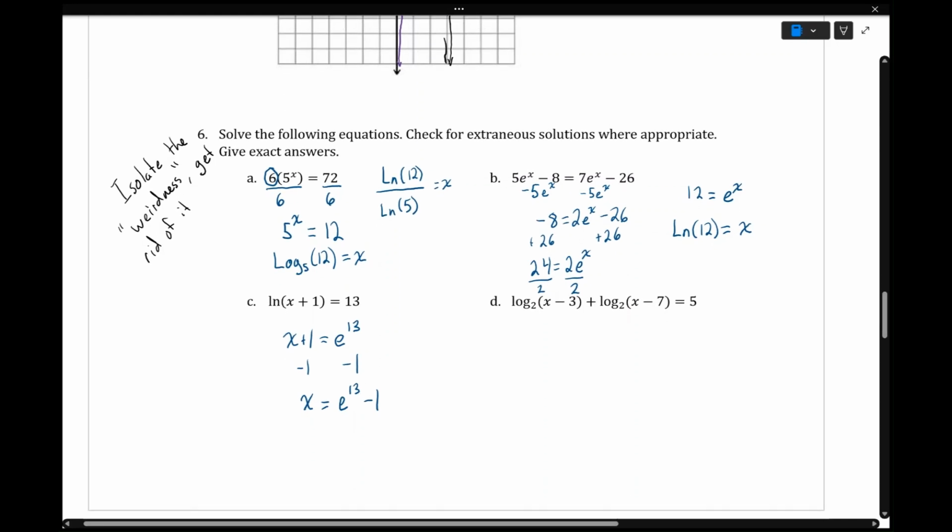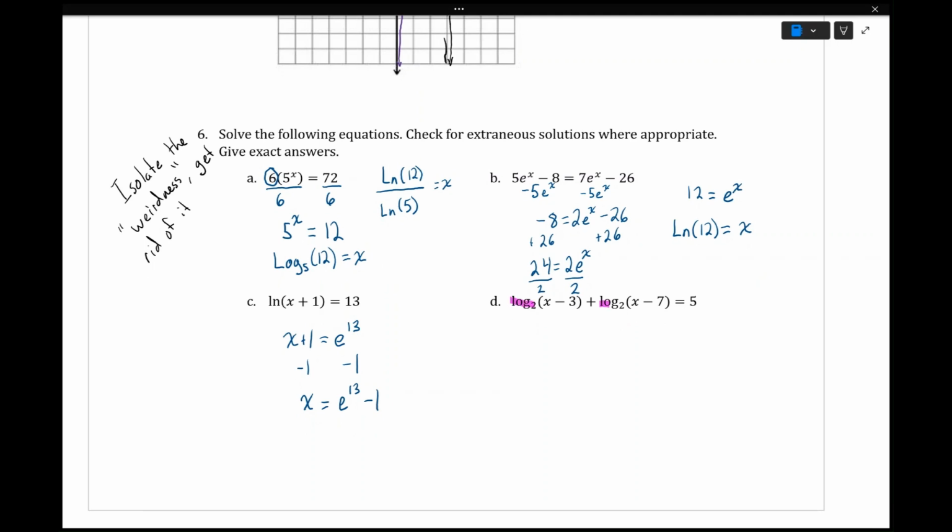Here, the problem is that I have two logarithms, so I need to somehow combine them. Now, we can't just add their insides because logarithms aren't multiplication. I can't distribute them. But I can use logarithmic properties and say, hey, an addition of logarithms is the same as a logarithm of a product.